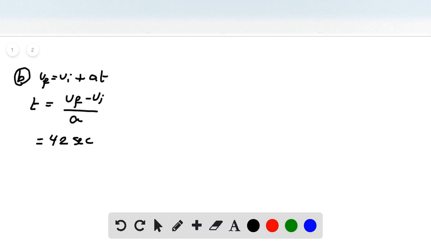Now for part C. He wants the distance traveled in the first second and in the fifth second. So I know the distance traveled is v initial t plus half a t squared.